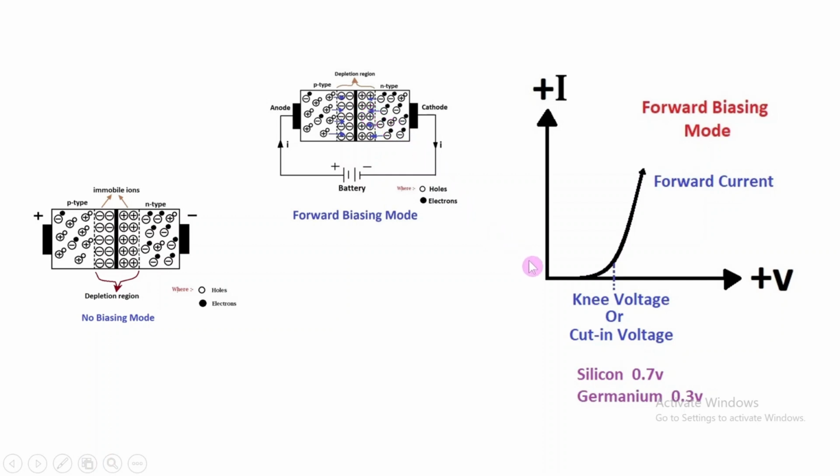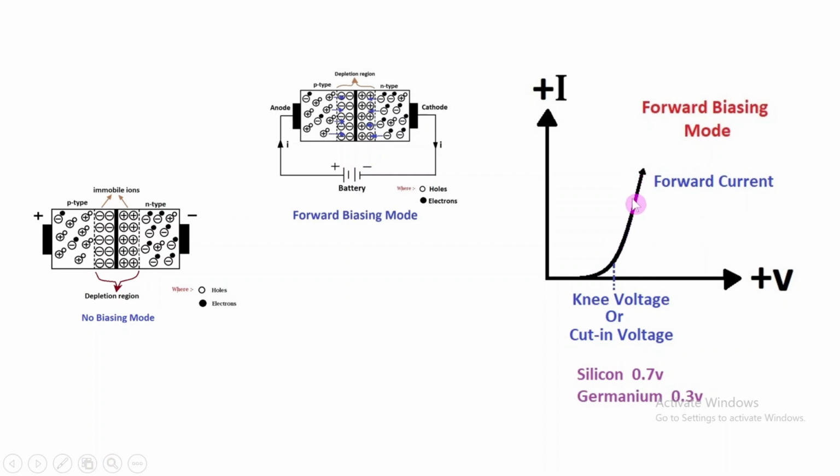If we increase the voltage up to here, a small amount of current will begin, and as we keep increasing the voltage, the current increases. When it reaches this point, the current suddenly increases, and now this material behaves as a conductor.